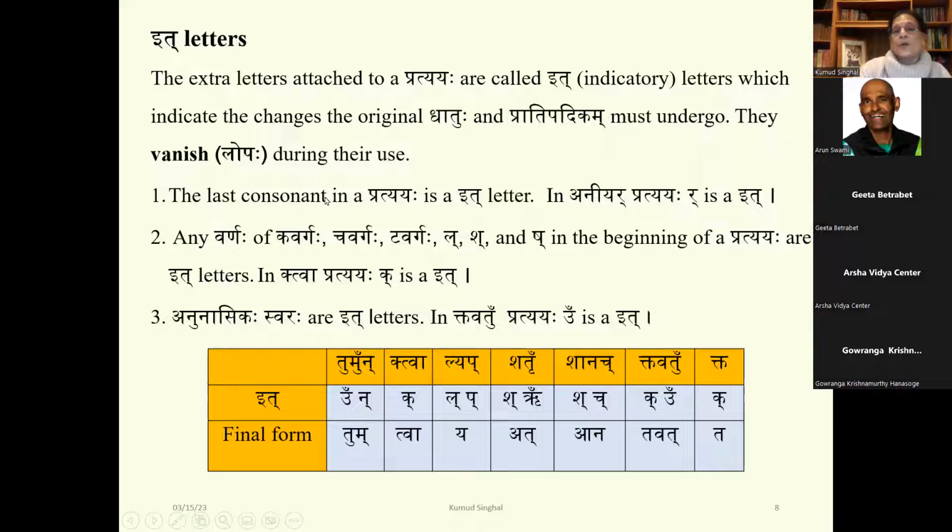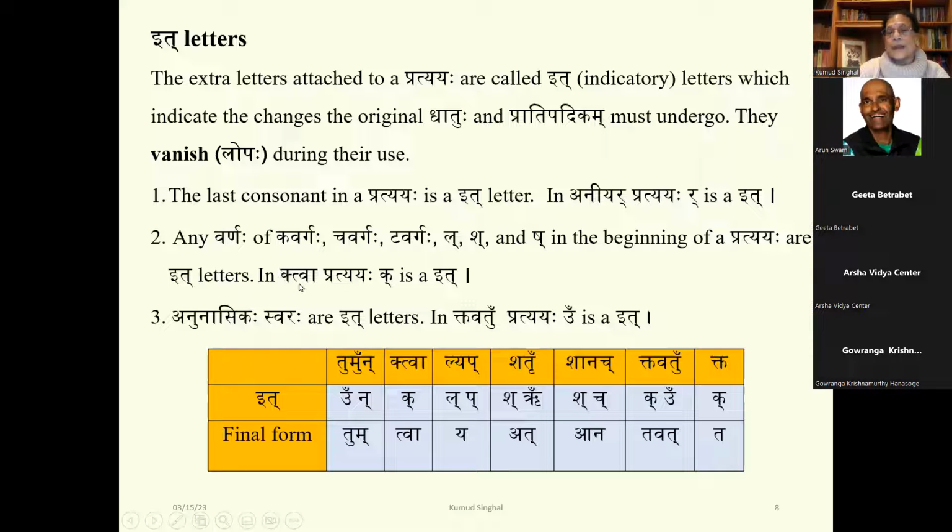The last consonant in a suffix is an it letter. For example, in this suffix aniyar, ra is the it letter. Any varna of the ka varga, the five letters of the cha varga, ta varga, la, sha, and sha in the beginning of a suffix are all it letters.